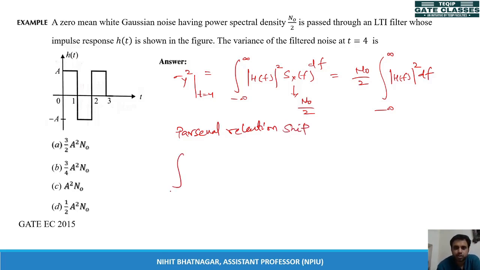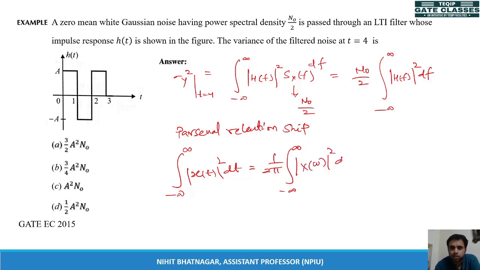By the help of this, integration from minus infinity to plus infinity of |x(t)|² dt is equal to 1 upon 2π integration from minus infinity to plus infinity of |X(ω)|² dω, which is equal to integration from minus infinity to plus infinity of |X(f)|² df.